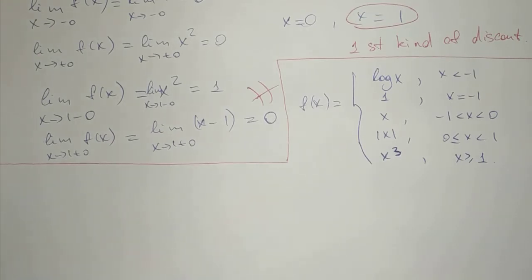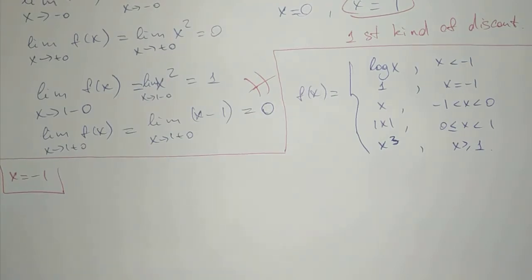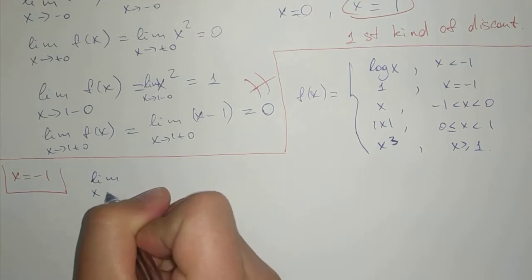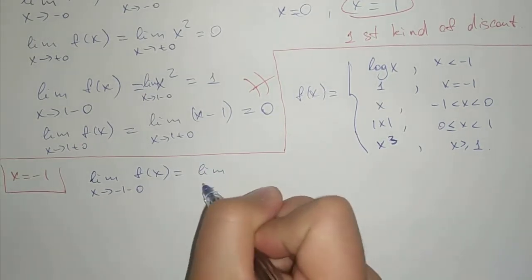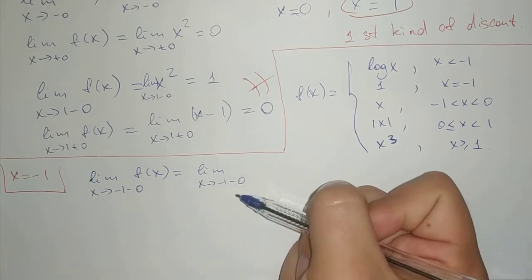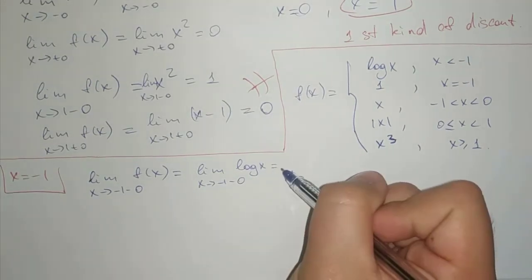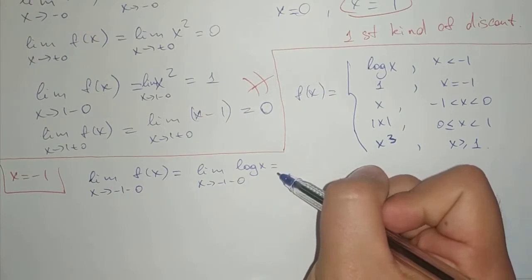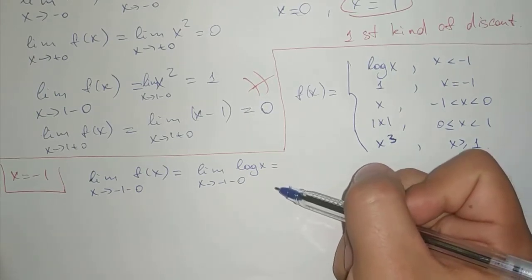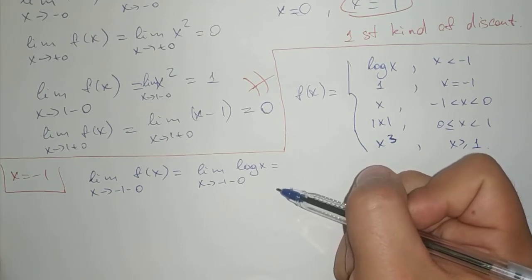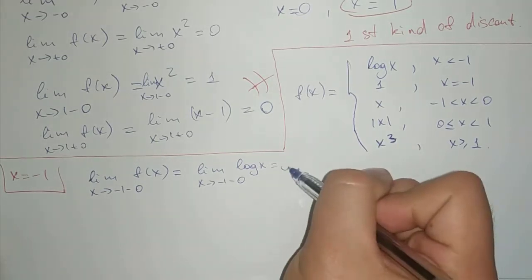Firstly, at the point x is minus 1, we have the left side limit, the limit as x tends to minus 1 minus 0 of f(x). On the left side it is the logarithm of x, so here we have the logarithm of 1, which is just 0.